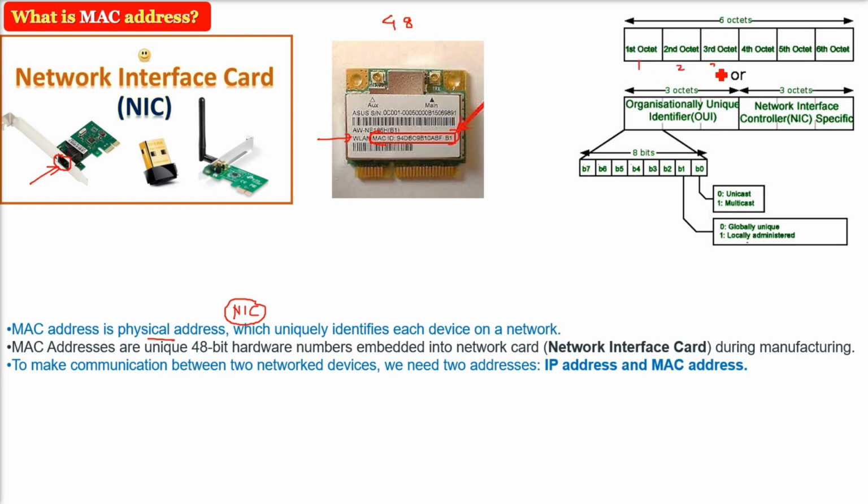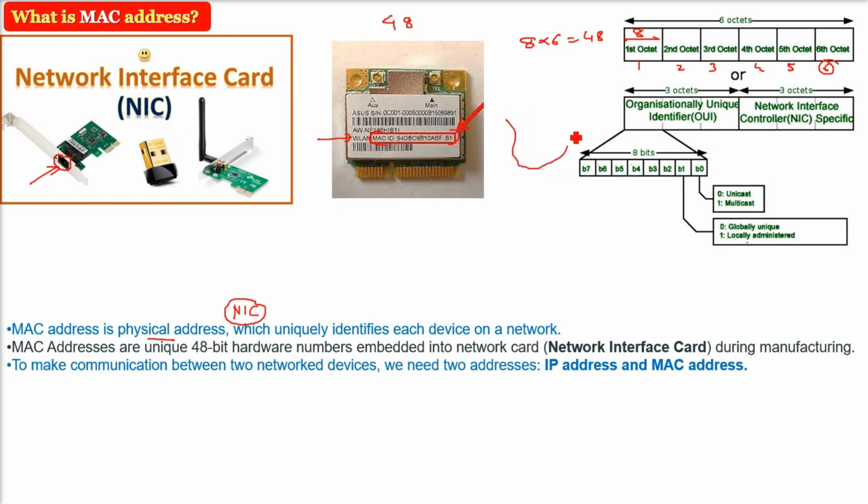So there are 6 octets, 1, 2, 3, 4, 5, 6. Octet means 8-bit, so 6 into 8, 48-bit. And it is very important to understand that this is a hexadecimal 48-bit number.